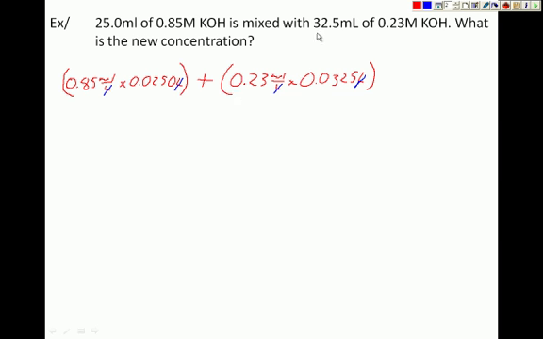Now, I want to have a concentration, so concentration is measured in moles per liter, and I need to divide this by the number of liters.